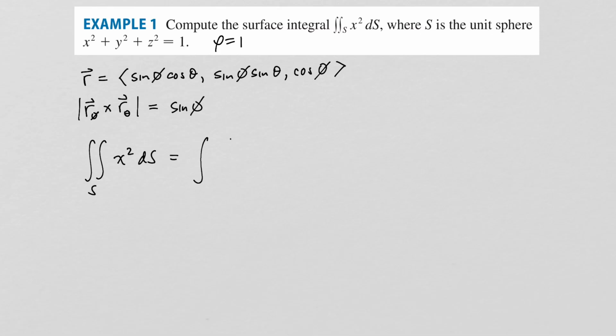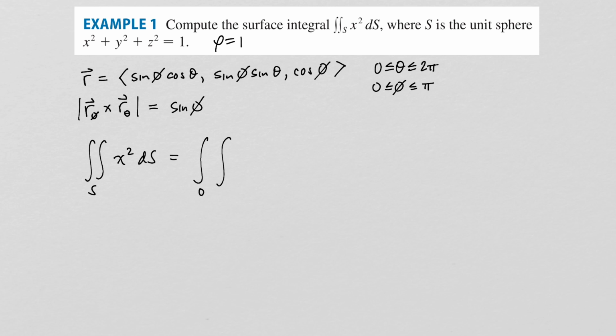But nevertheless, we can now take this double integral over the surface S of the function x squared dS, and we can convert this into a double integral over the parameterized surface, the sphere. And don't forget that theta goes between 0 and 2 pi, and phi is in between 0 and pi. This is the standard limits for spherical coordinates.